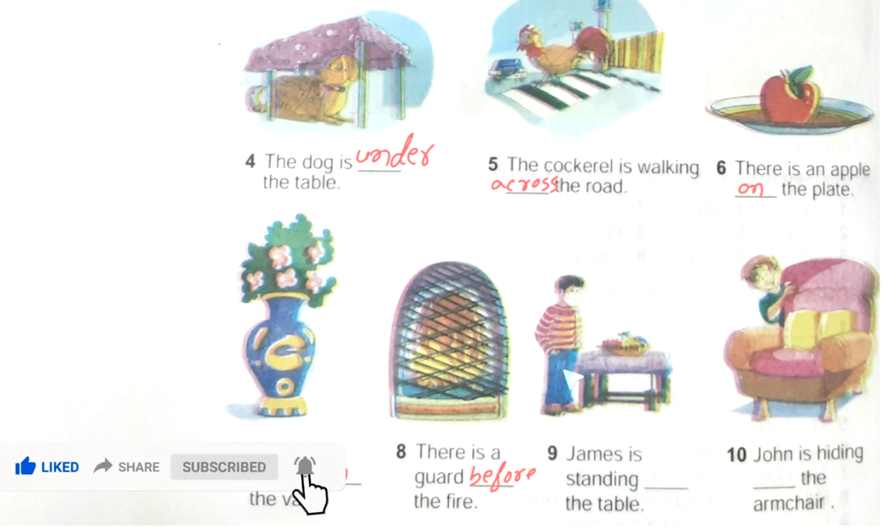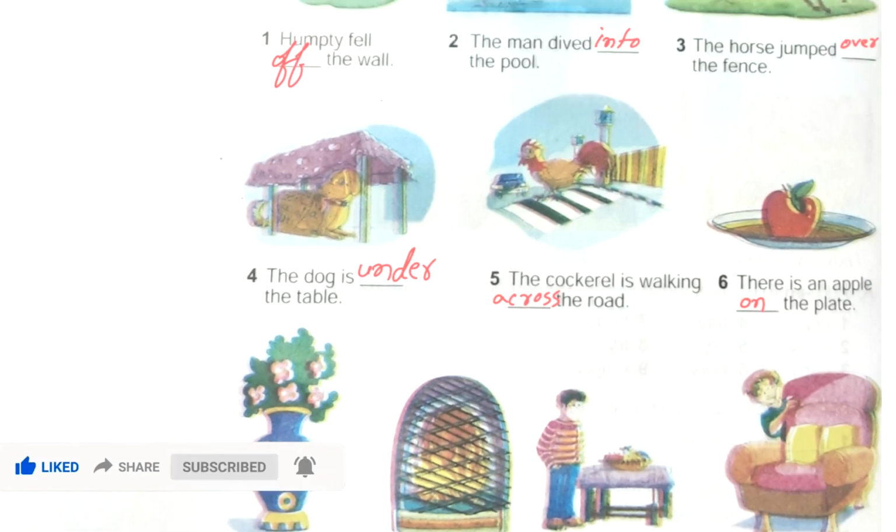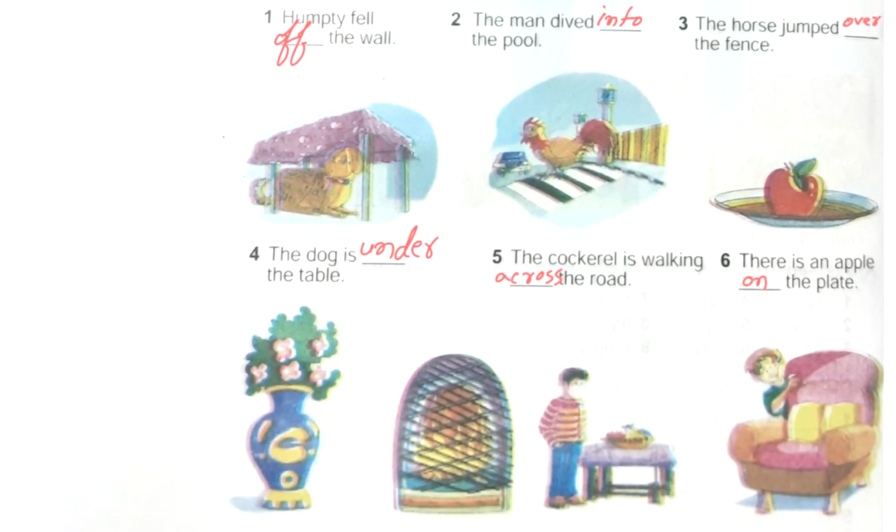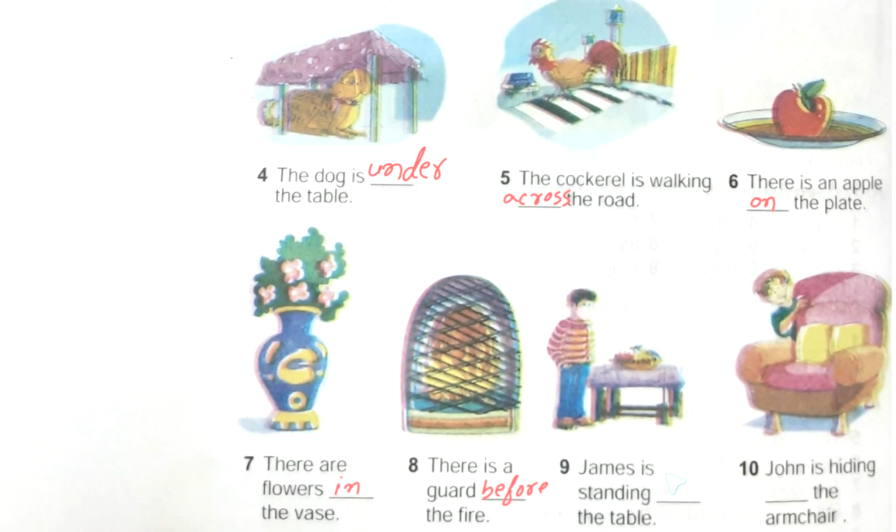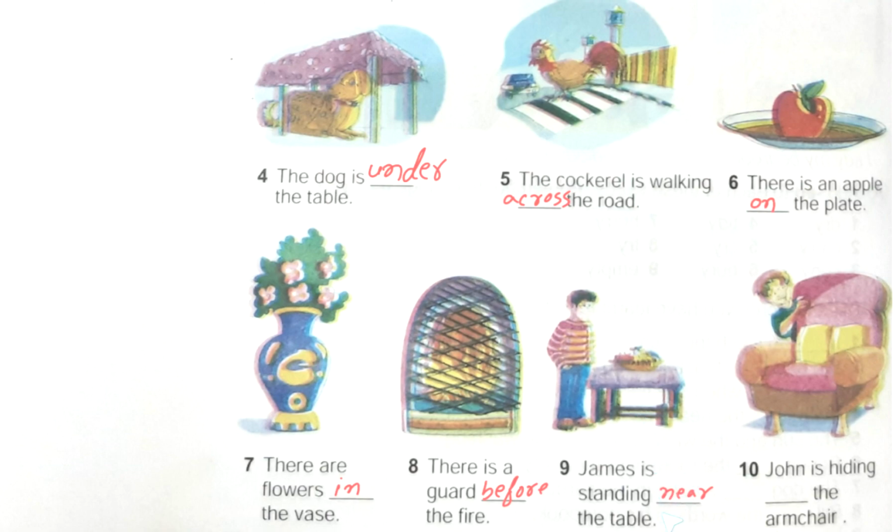Here we are getting James near the table. Let's see what is written here. Yes, we have got this word near. We'll put the preposition near in this place, and I think you have understood when we use near in a sentence. The preposition near means not far away in distance. So we have found James just near the table.